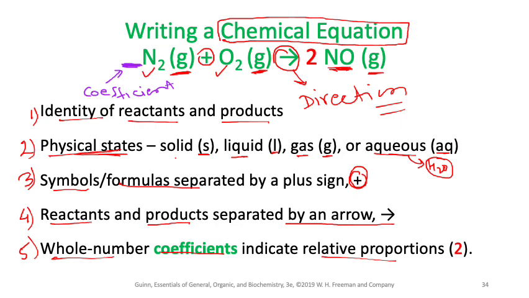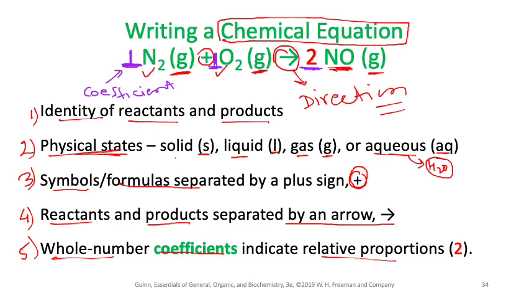If nothing is written in front of the molecule, we know this is 1. Nothing is written in front of N2, so the coefficient is 1. For O2, nothing is written, so the coefficient is 1. For NO, the coefficient is already filled in, which is 2.